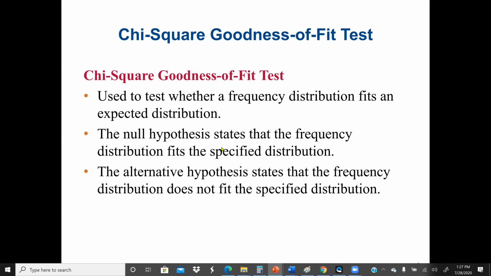The null hypothesis states that the frequency distribution fits the specified distribution, and the alternative hypothesis states that the frequency distribution does not fit the specified distribution. We always know that the alternative hypothesis goes against the null hypothesis.